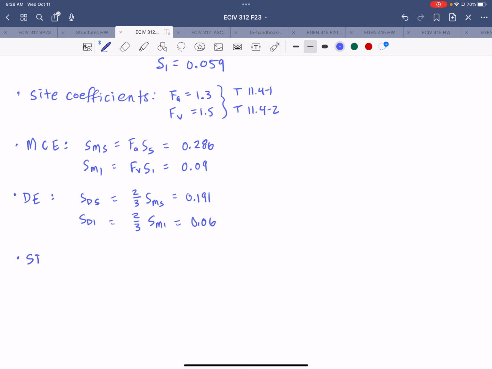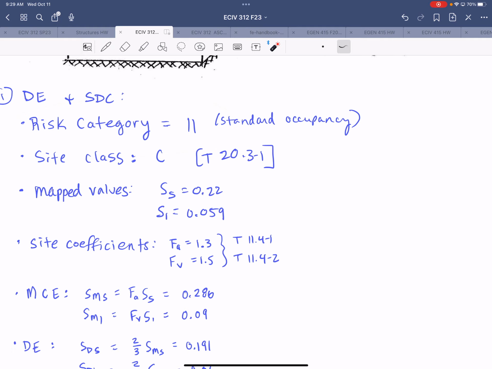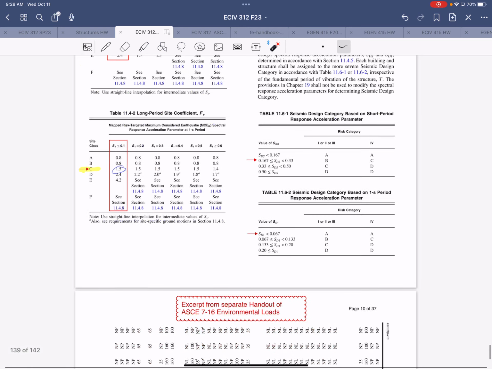All right, so now we can determine that seismic design category. So we're going to use this information, the design earthquake, and we're going to use this information, risk category, in these last two tables over here.